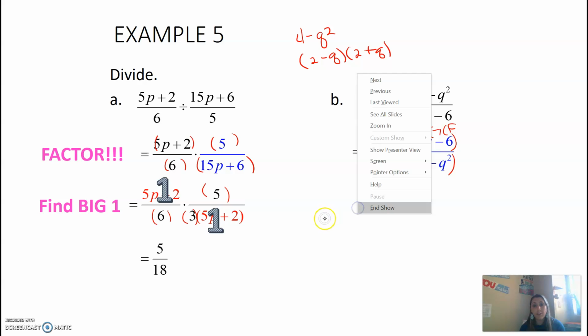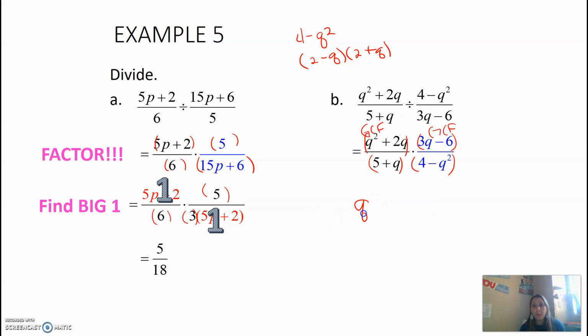So we're going to end up with q times q plus 2 times 3 times q minus 2, all over, okay, 5 plus q doesn't factor.